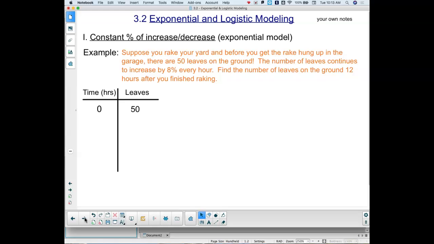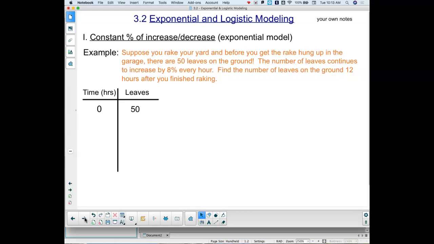Okay? All right. So this is out of your notes now. Yep, we're still going. So suppose you rake your yard, and before you get the rake hung up in the garage, there are 50 leaves on the ground. So you turned around and poof, there were 50 leaves on the ground.